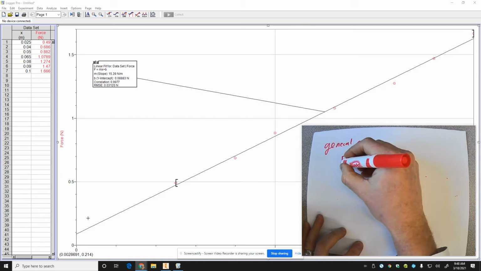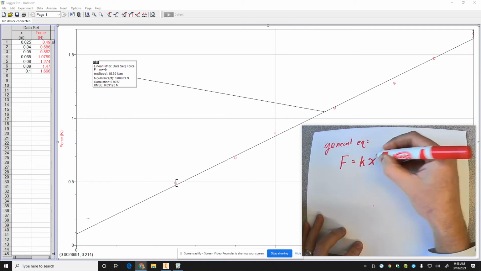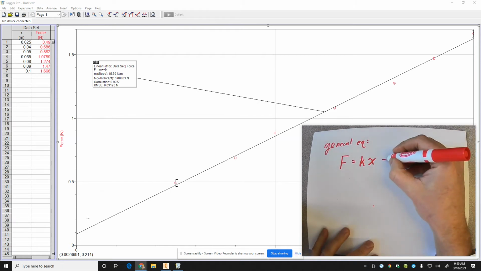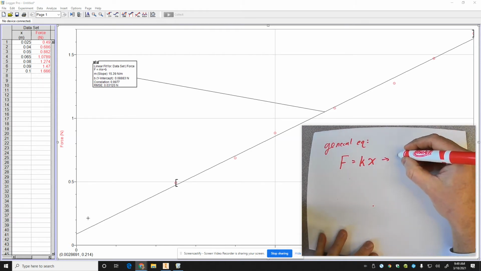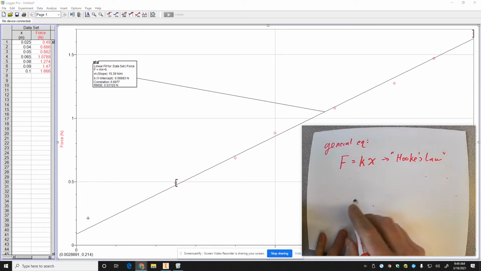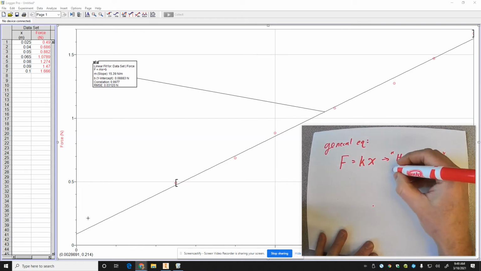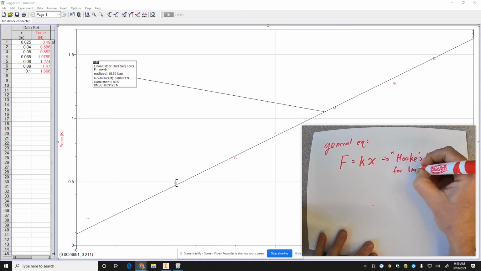So the general equation here ends up being F equals lowercase k times x. And this is a law of physics. This is called Hooke's law. And it really only applies for what we call linear springs.